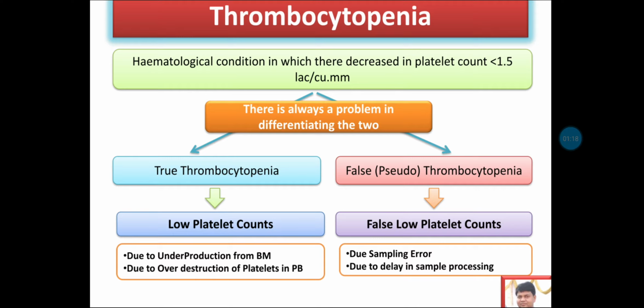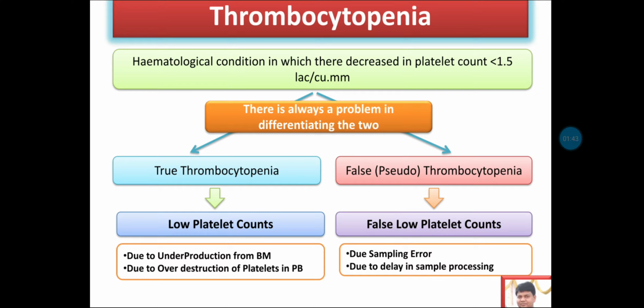So it is always a dilemma, and we need to differentiate whether we are dealing with true thrombocytopenia or pseudo thrombocytopenia. It can be differentiated easily by the use of histograms.